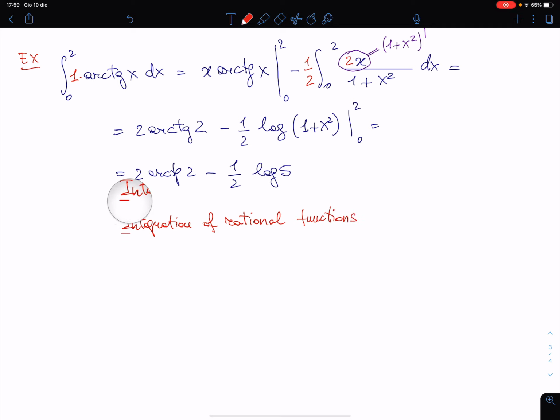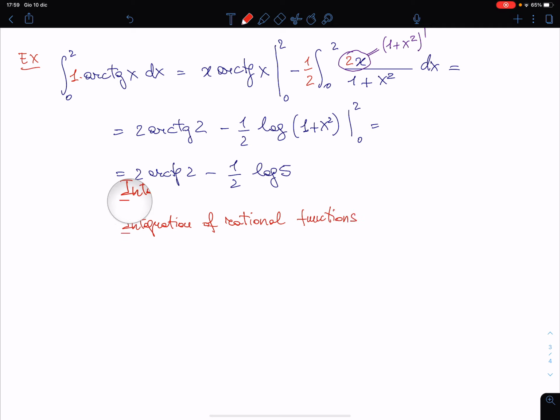So here you have 1 plus x squared divided by 1 plus x squared squared dx, and then minus x squared divided by 1 plus x squared squared dx. And so here you have again dx divided by 1 plus x squared, which we already know.